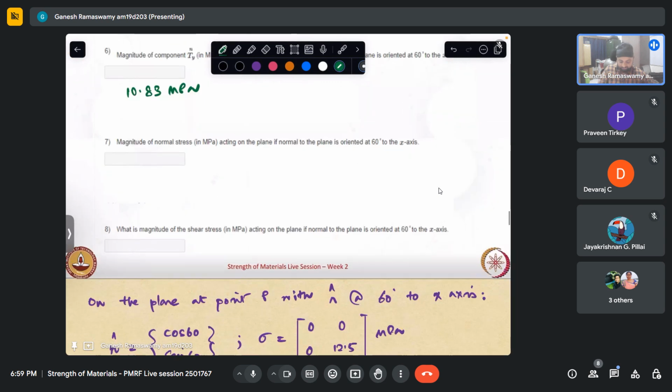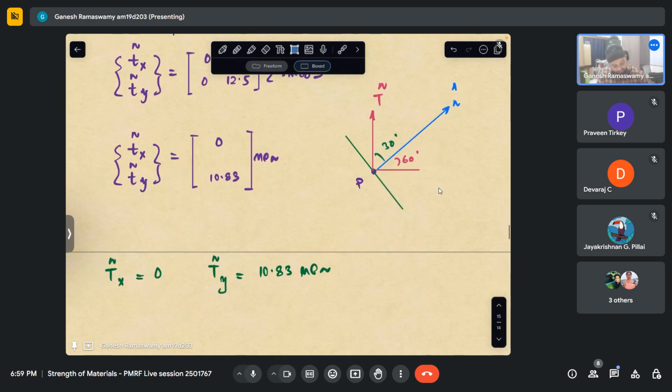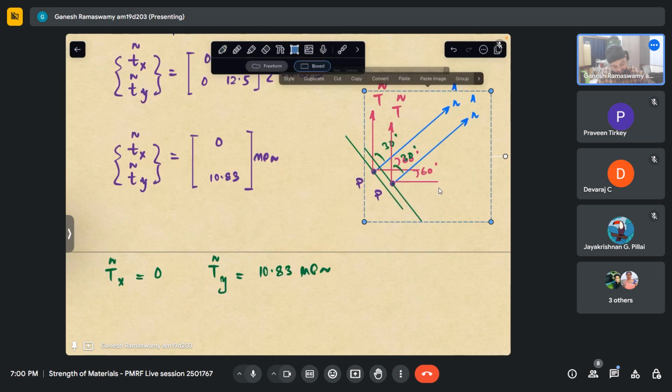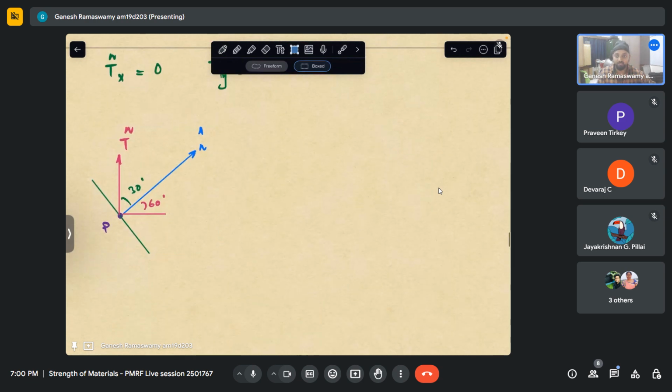Now the next question is asking the magnitude of the normal stress acting on this plane. From this diagram, can we find out the normal stress acting on this plane? I just have to project this traction vector onto n, and this will be my normal stress.